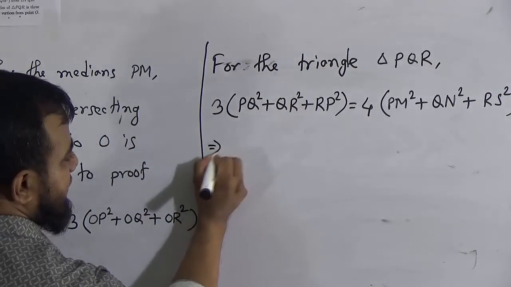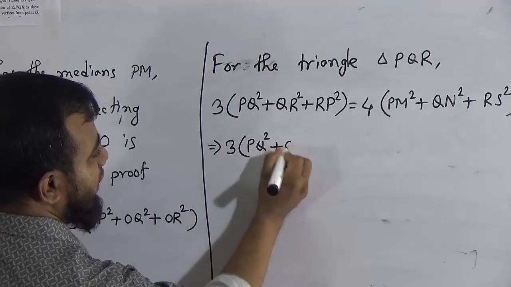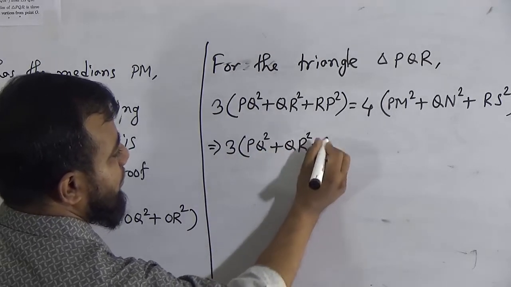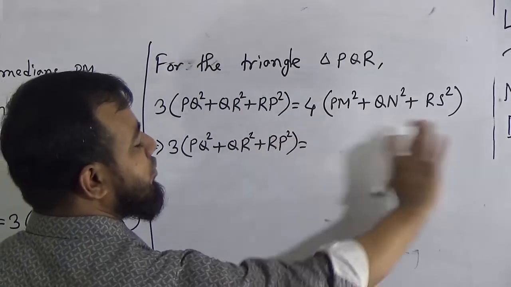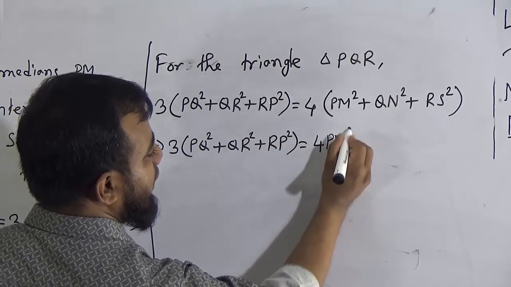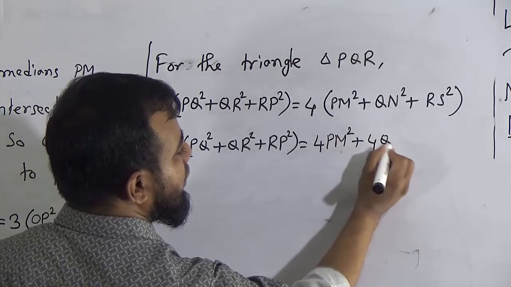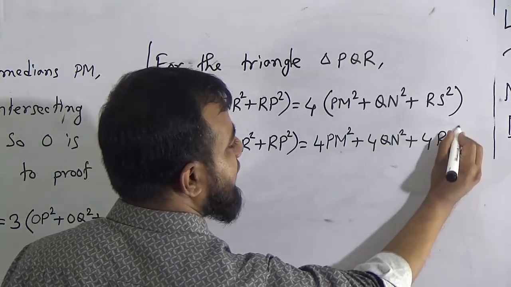Implies that 3 into PQ square plus QR square plus RP square is equal to 4 distributed over the 3: 4 PM square plus 4 QN square plus 4 RS square.